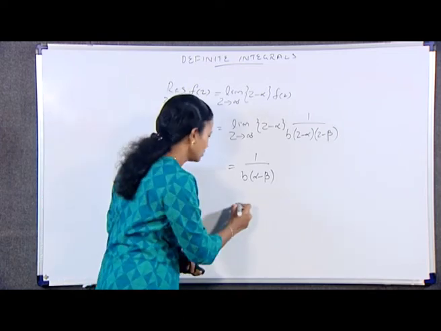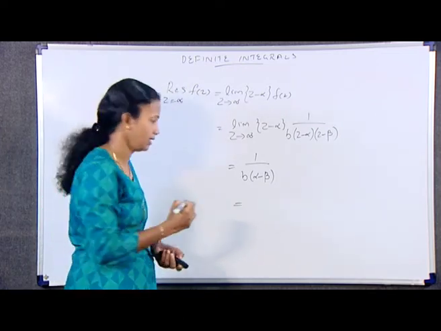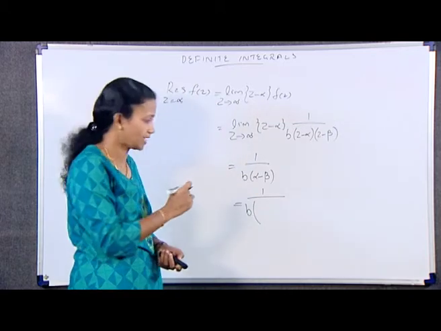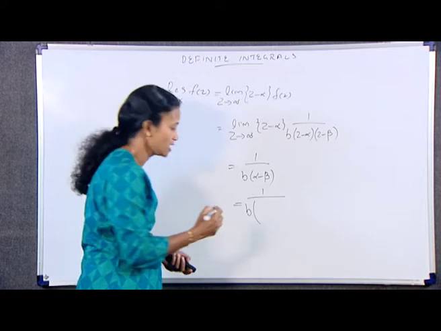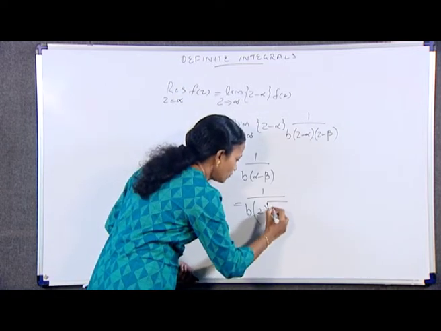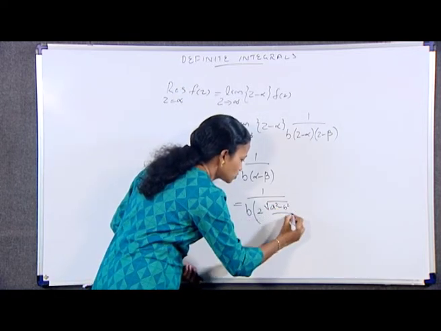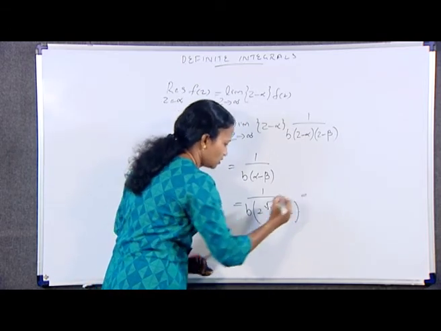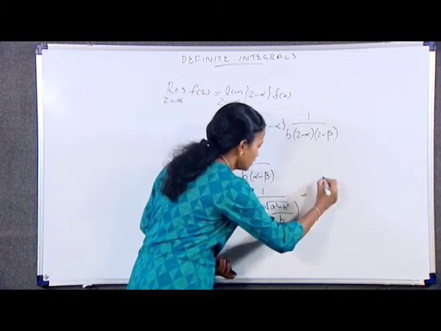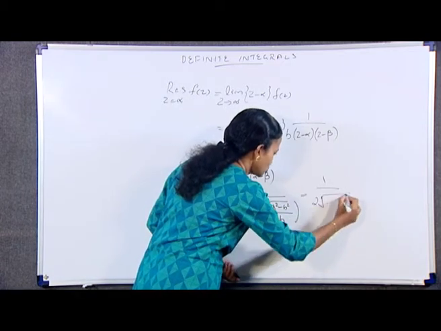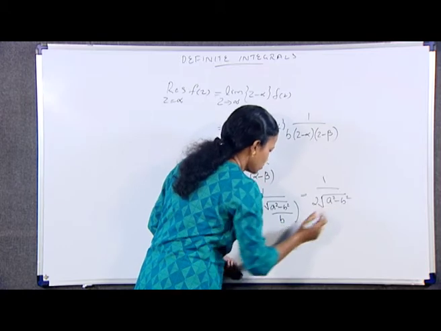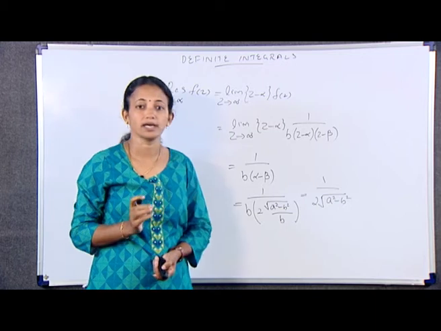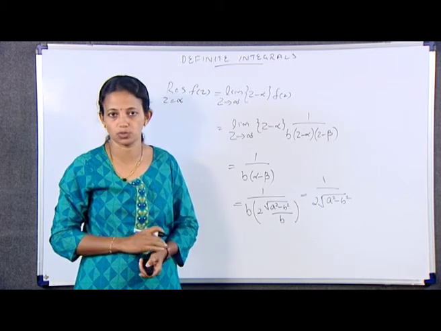Substituting the values for alpha and beta, we get 1 by b into 2 square root of a square minus b square divided by b, which is equal to 1 by 2 into square root of a square minus b square, by cancelling b and b. The answer is 1 by 2 square root of a square minus b square.